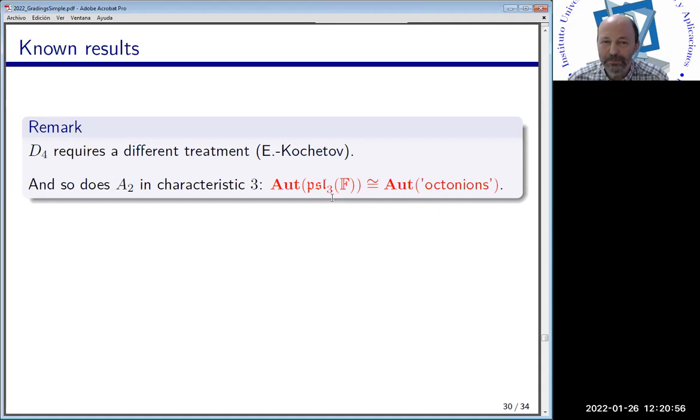So gradings on PSL3 or on twisted forms of PSL3 are connected to gradings on octonions, not on matrices. And this is how I met Koshetov, because they had a problem with this exception, and I solved the exception using octonions.